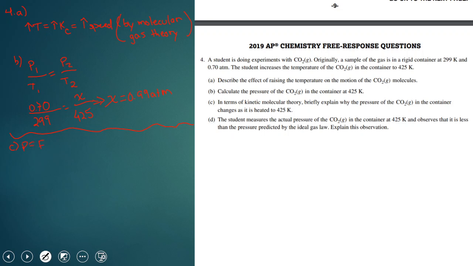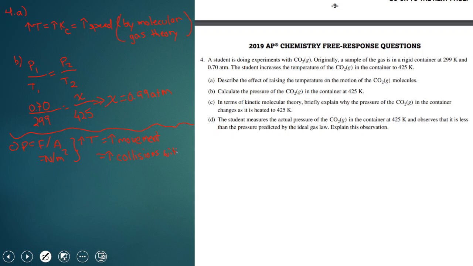Pressure is the force per area. It's measured in newtons per meter squared. So my increase in temperature causes increased movement, which causes an increase in the number of collisions.